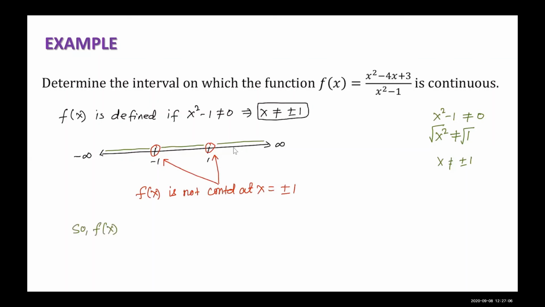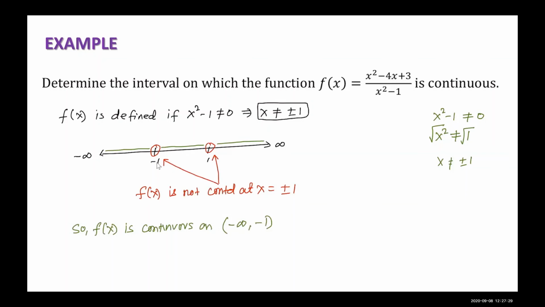So we can write f of x is continuous on this first interval here, which is from negative infinity up to negative 1, but negative 1 is not included. So we write it like this, negative infinity up to negative 1. Negative 1 is not included, that's why parenthesis.